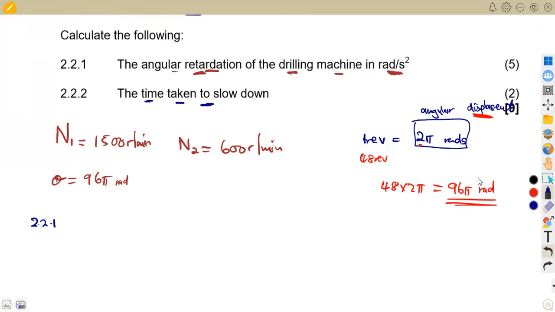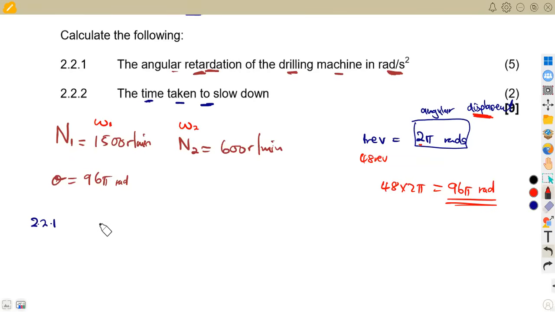Remember, we are given N1, meaning it's like we are given omega 1 and omega 2. And there are those formulas that we listed, like theta is equal to omega 1 plus omega 2 over 2 times time. We want to take from that list the one that carries what we have in this case, which is omega.